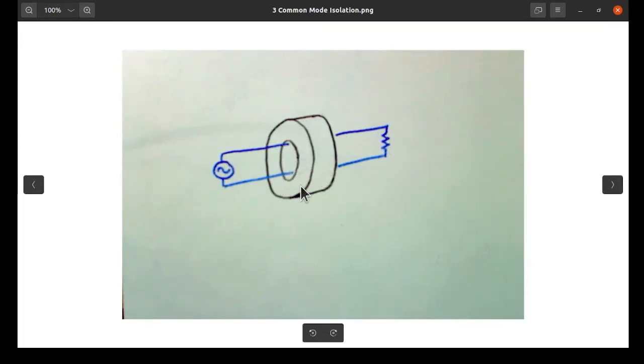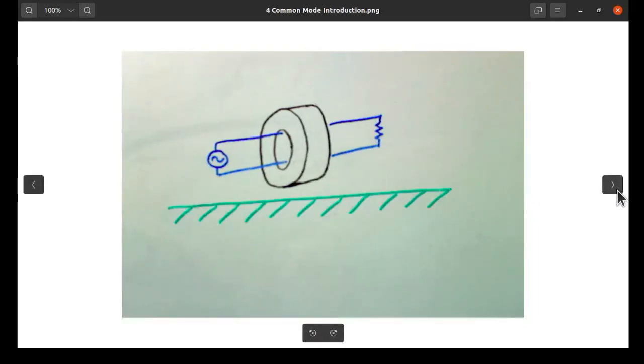Now, so what's the purpose of this bead, Richard, if it's invisible to the currents that are moving along these two lines? Well, we need to introduce Earth. And Earth is always close to us. And you might think, well, where does the problem come from Earth in this regard?